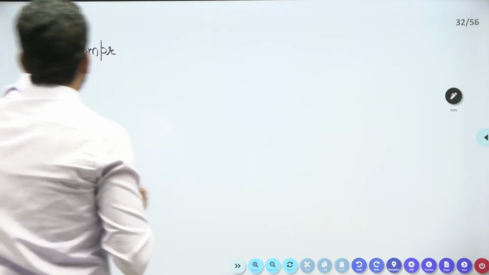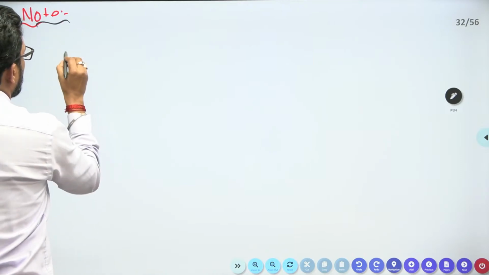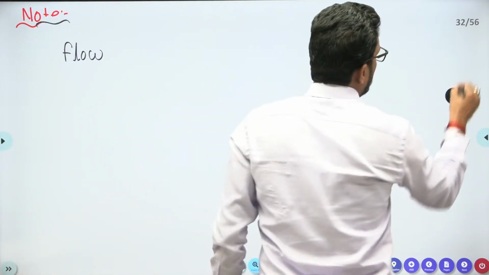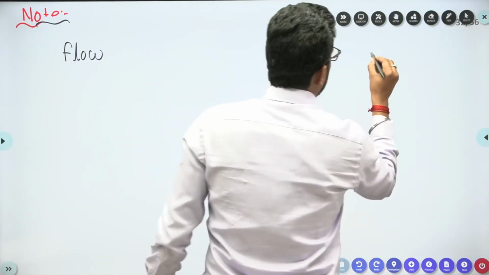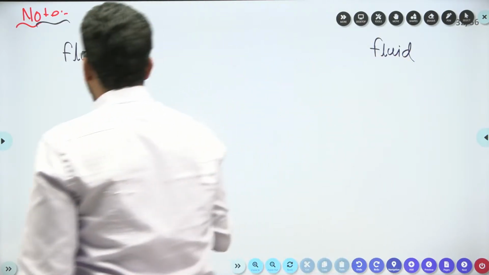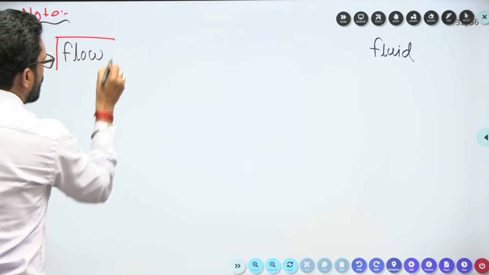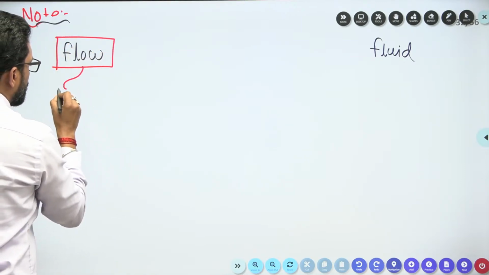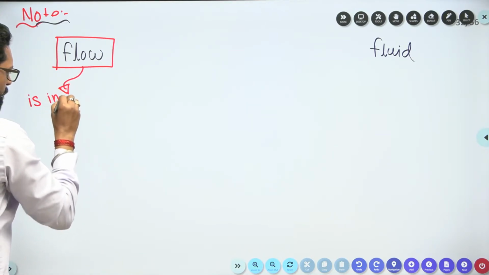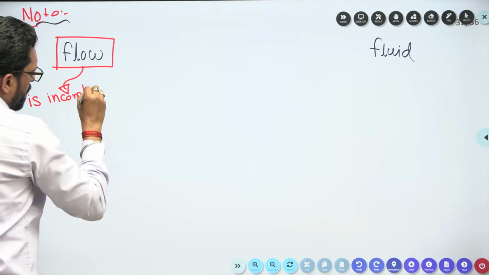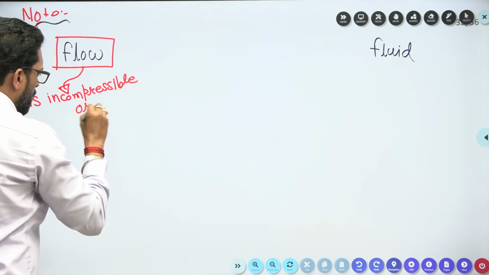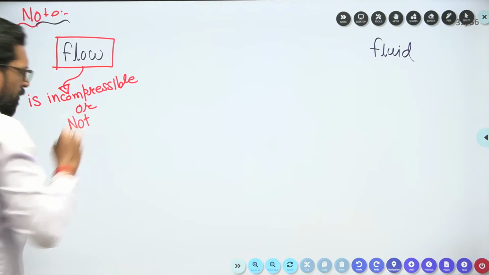One second. There is a flow and there is a fluid. In the case of the flow, we check if the flow is incompressible or not.